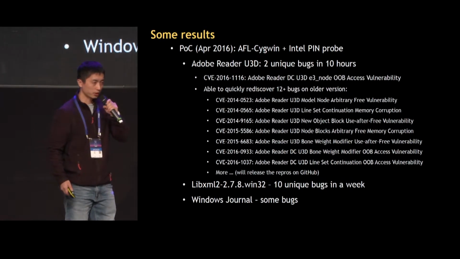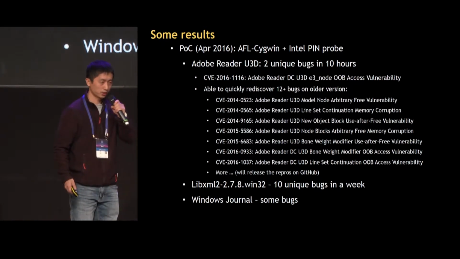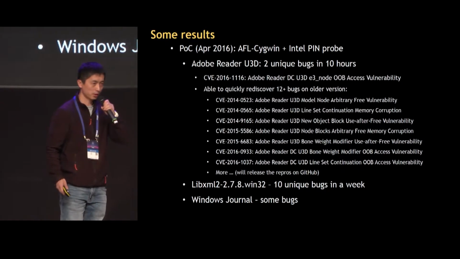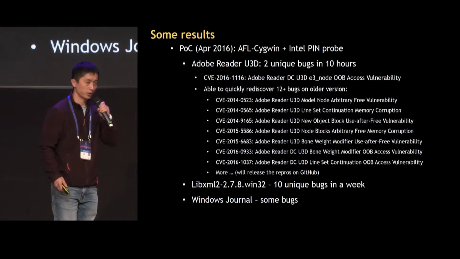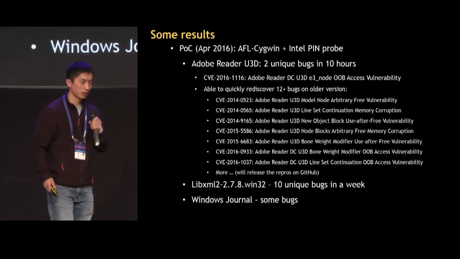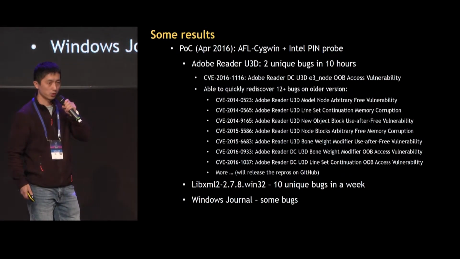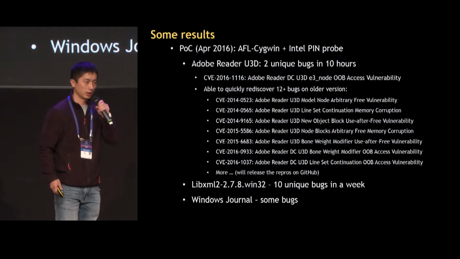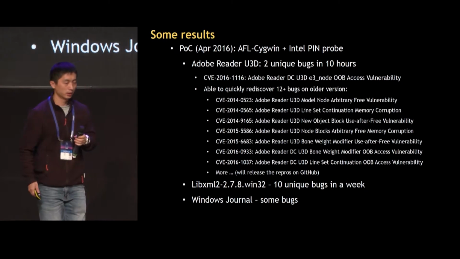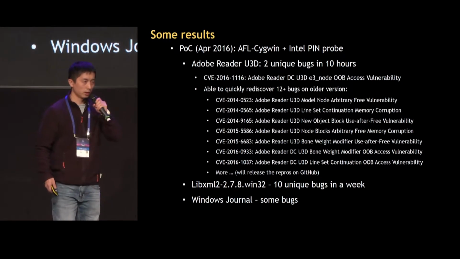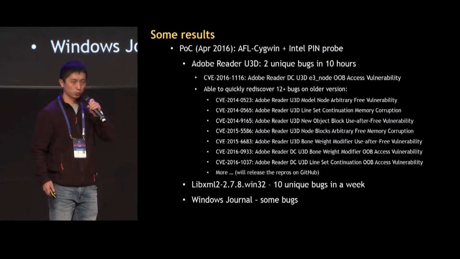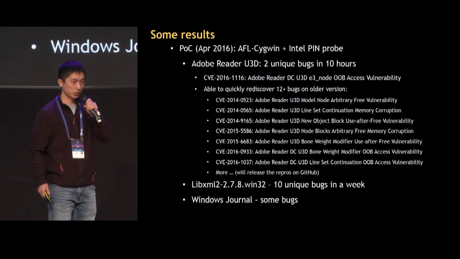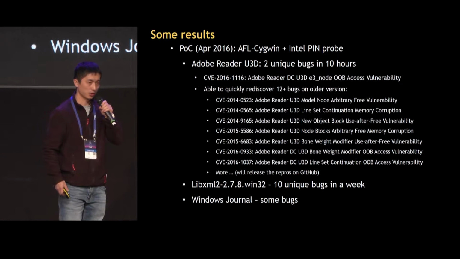To test the effectiveness of this fuzzer in handling binary parsing, which is what the default AFL algorithm works best in, we tested on an earlier version of Adobe Reader. We fuzzed the U3D parsing library, and in about 2 to 3 days, it discovered more than a dozen unique crashes.